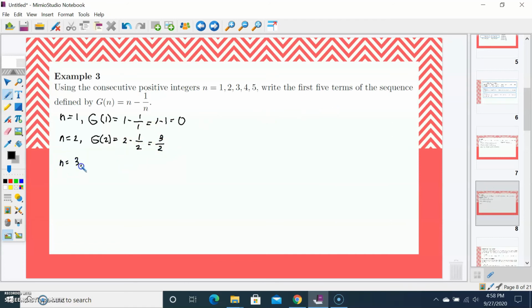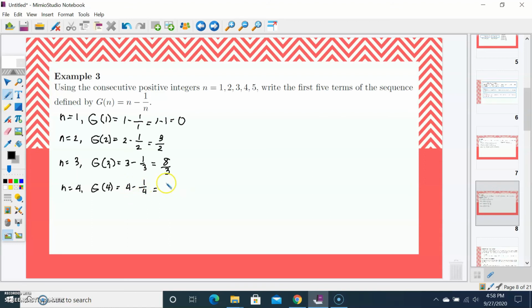If n is equal to 3, then we'll have g of 3 is equal to 3 minus 1/3. 3 minus 1/3 will give, as we all know, 3 can be written as 9 over 3. So this will give us 8 over 3. N is equal to 4. G of 4 is equal to 4 minus 1/4.